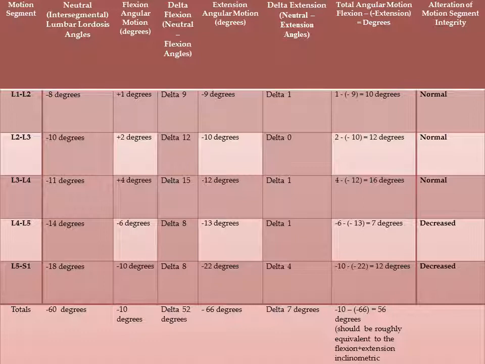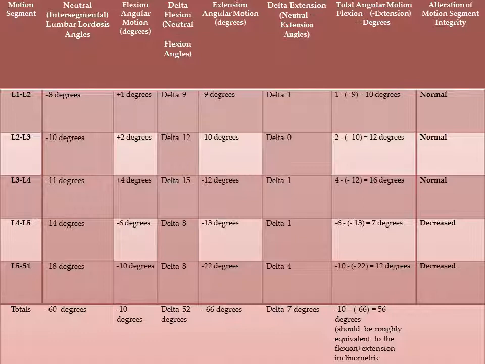Now, before I go on, even though I considered the angular motion of L1, L2 to be normal at 10 degrees, if you look at our analysis across the top of this table, remember that in moving from the neutral lumbar lordosis angle to the full extension angle, there was only a movement of 1 degree from neutral to full extension.